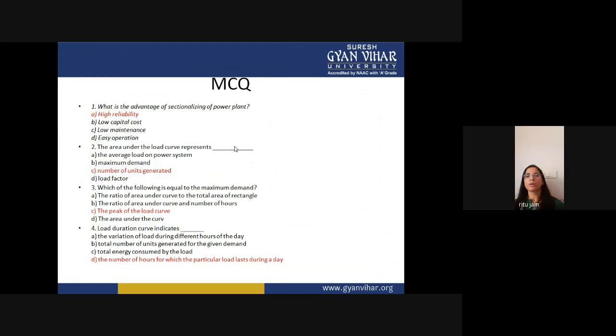The number of hours for which a particular load lasts during a day is represented by the load duration curve. So this is all about the load curve, load duration curve, and some other factors which are important for your analysis of substations.